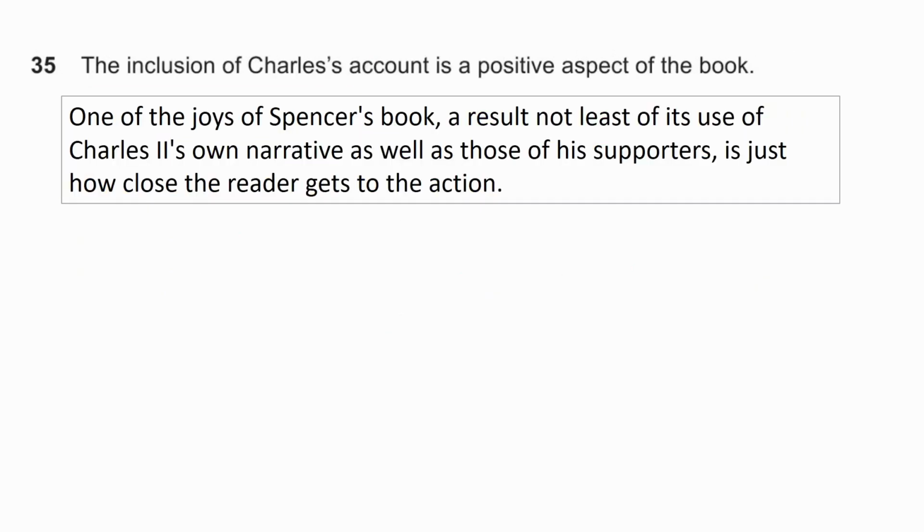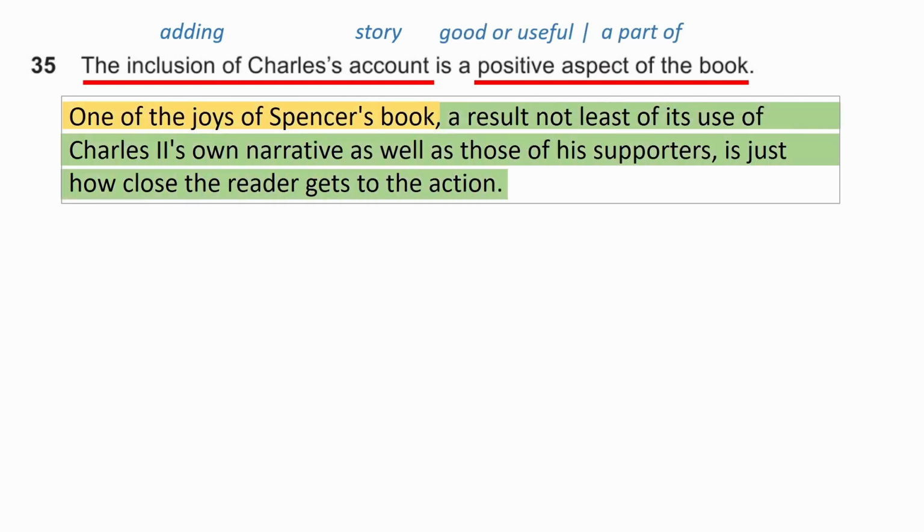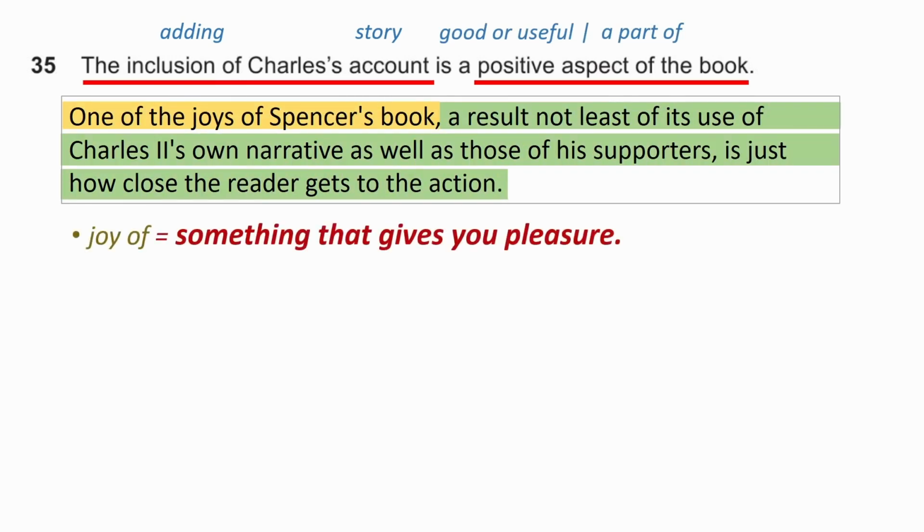Next, the inclusion of Charles's accounts, inclusion adding something, account story, is a positive aspect of the book. Positive, good or useful, and aspect means part. Now, in the text, we have: joy of, something that gives you pleasure.